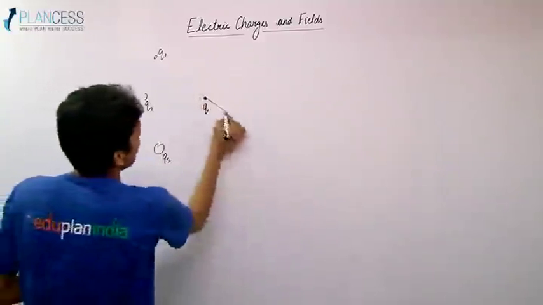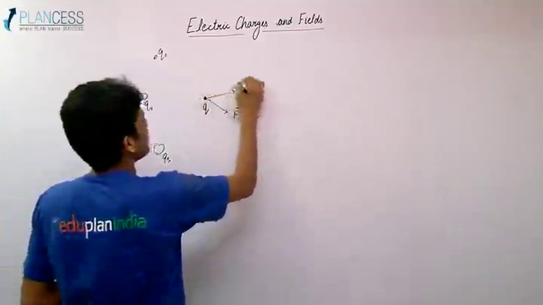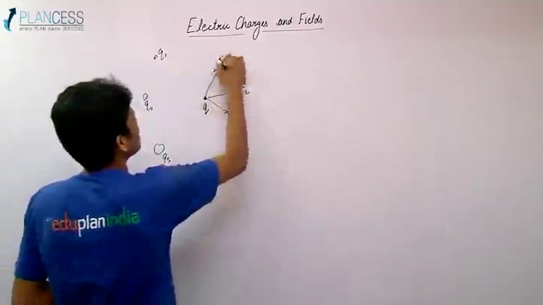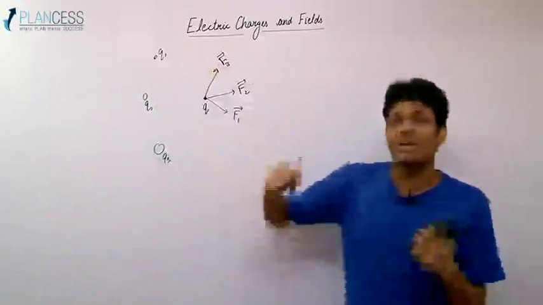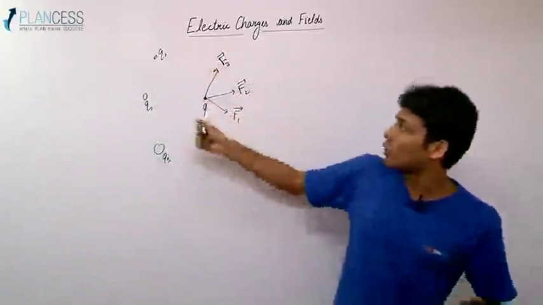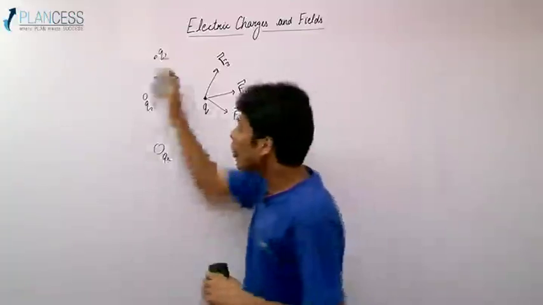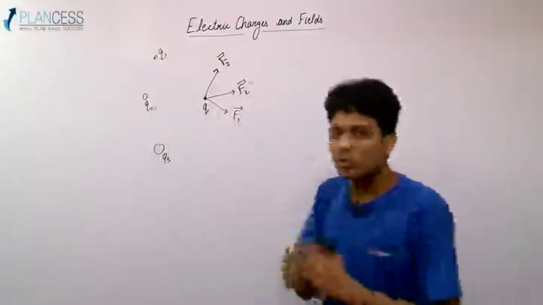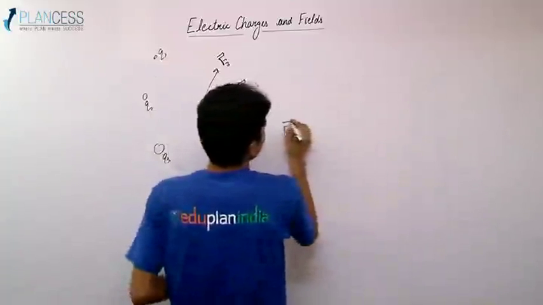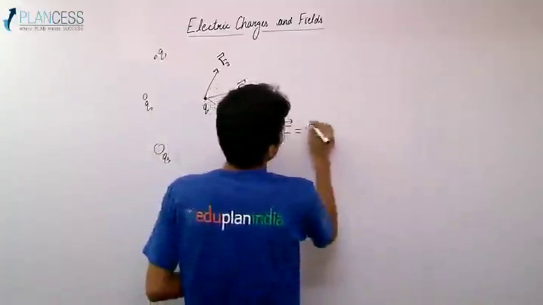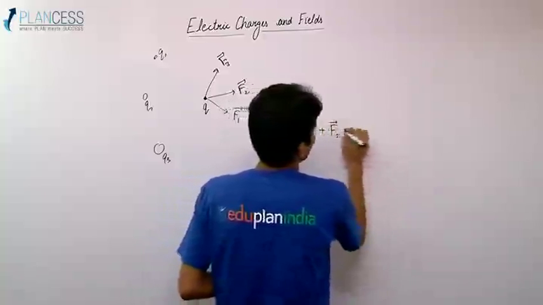Let's say Q1 applies F1, Q2 applies F2, and Q3 applies F3. So what is the total electrical force exerted on this charge Q due to all these three charges? The principle of superposition says that the total force exerted by all three charges can be taken as the vector sum of all the forces applied by the individual charges.